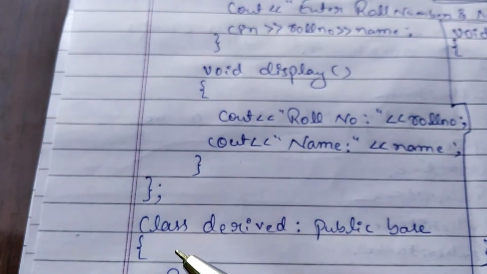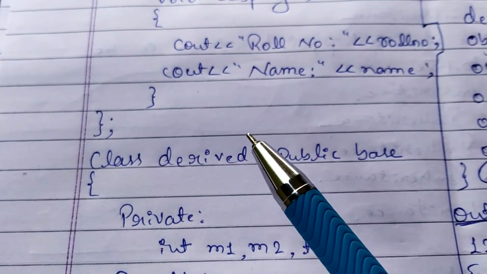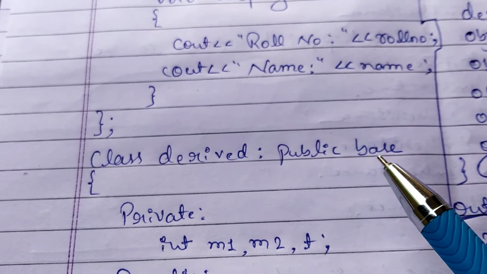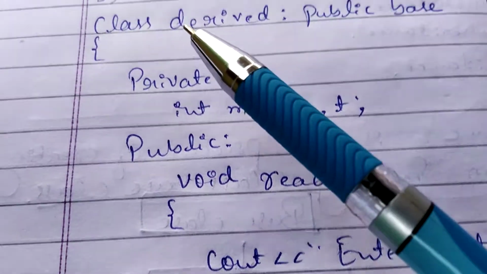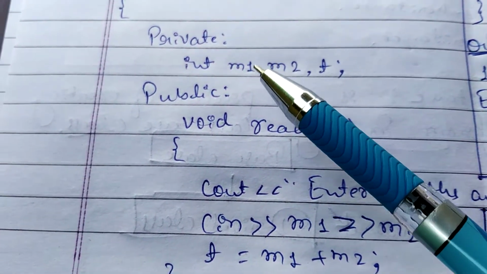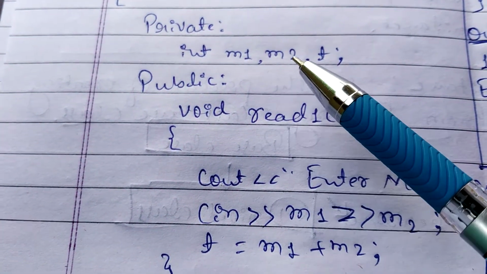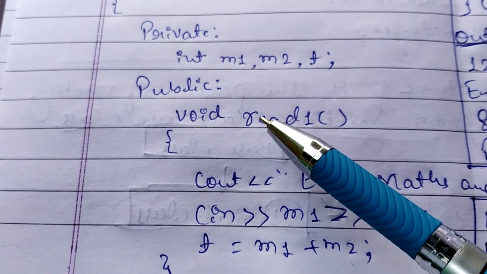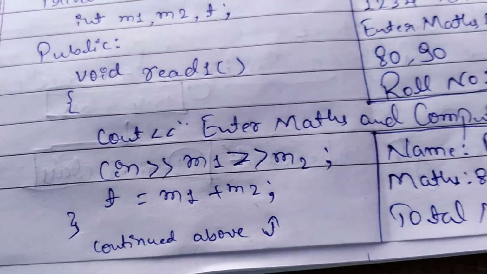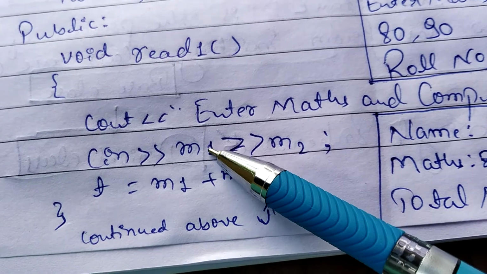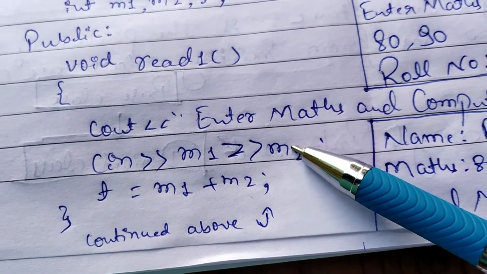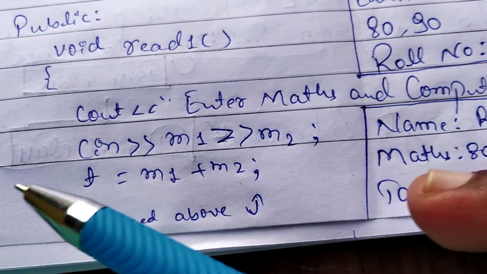That is class name base. Then class derived, public base. Here I have written private int m1, m2, and total. Public void read, enter maths and computer marks. Here entering m1, m2, that is maths and computer marks.